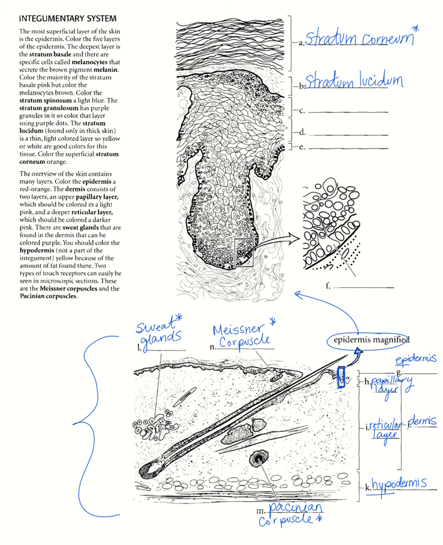Okay, so if we're looking at an area that is thinner skin and does not have a stratum lucidum, the corneum is going to be replaced by this layer, the stratum granulosum. Okay, and it's called the granulosum because you can see all these granules within those cells.